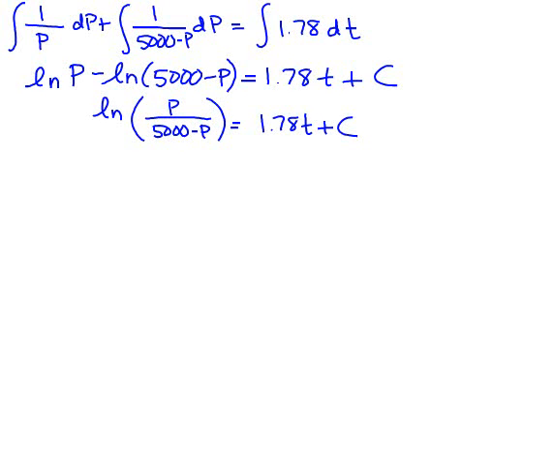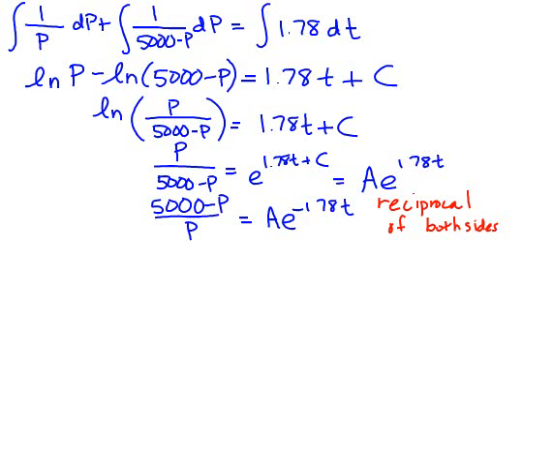Use a law of logs to combine on the left side. Rewrite the equation in exponential form and rewrite e to the c as the constant capital A. Take the reciprocal of both sides. In this case, A would really become 1 over A, but I don't know what it is yet anyway, so whether I call it A or 1 over A, it's still some unknown constant multiplier.